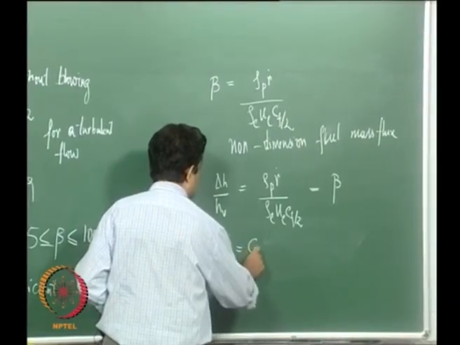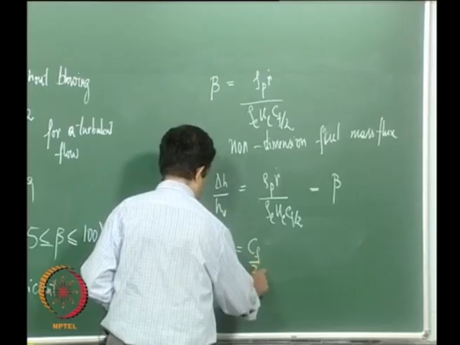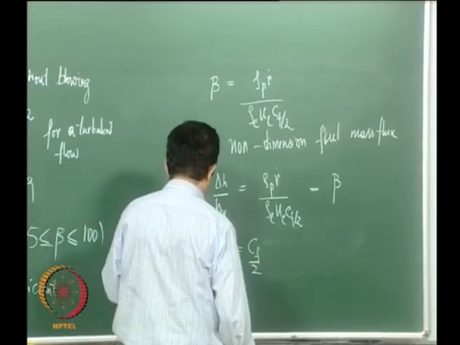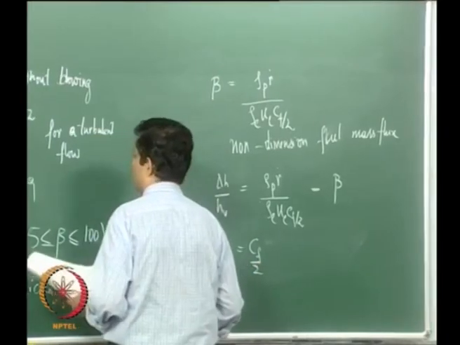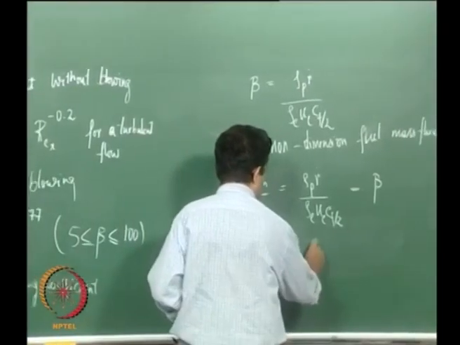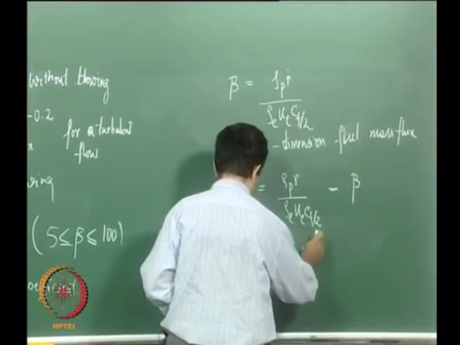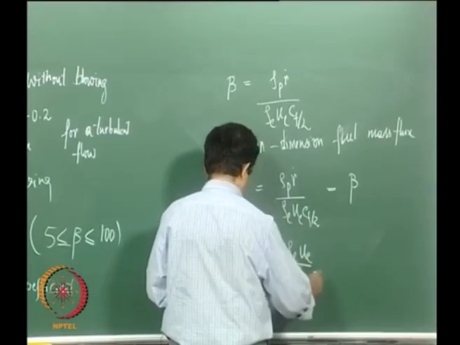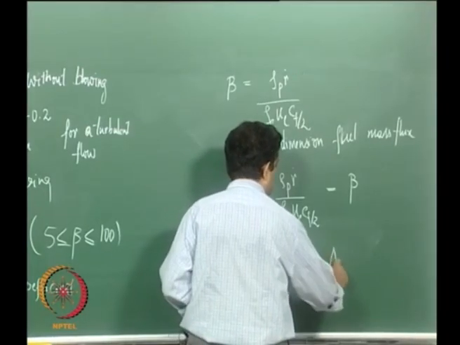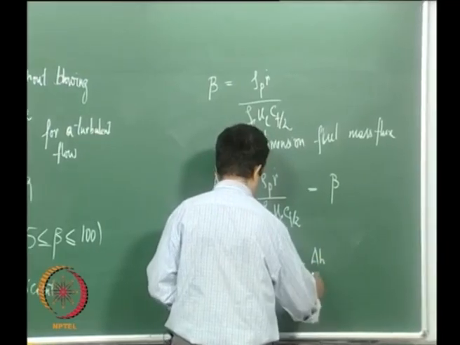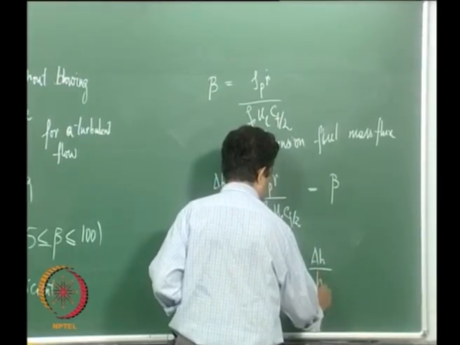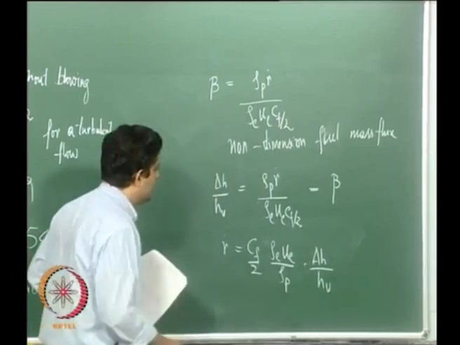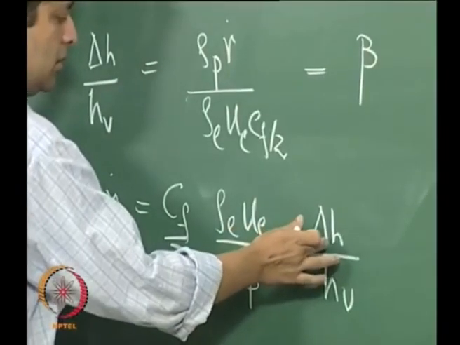R dot is equal to Cf by 2 rho e ue by rho p, right.